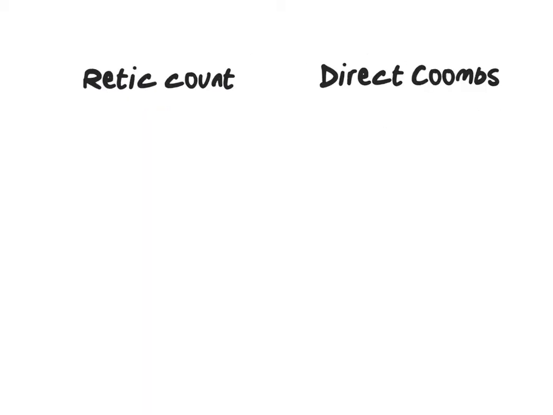So I just want to take a quick detour and explain what a reticulocyte count is and what a direct Coombs test is, as in why they matter for the pathophysiology and what we're testing for. So reticulocyte count, when we think of how red blood cells are formed, you start, like any cell line, initially with large blast cells, which go through several phases, become reticulocytes, and then ultimately go on to become erythrocytes, which is what we see in the blood.